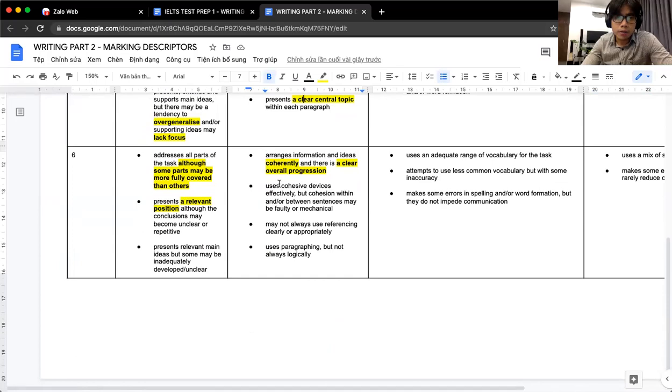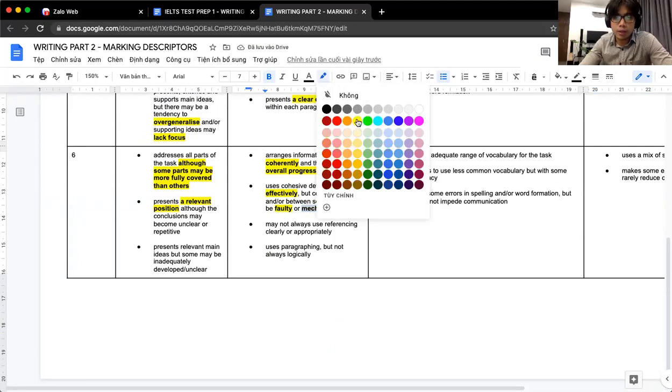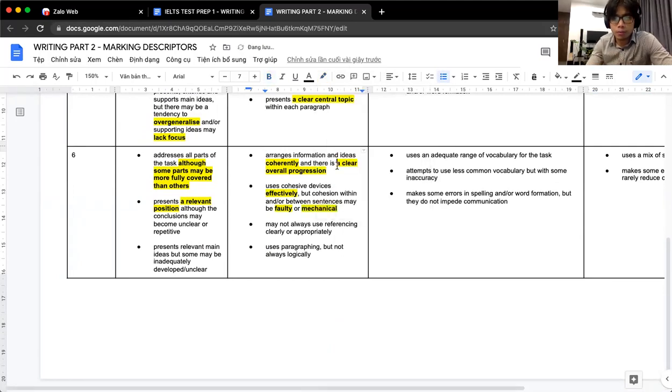At band 6, you use cohesive devices effectively, so you know how to use them, basically. However, they may be faulty. Faulty means wrong. Sometimes you use them in a wrong manner. Or sometimes you use them, but it sounds mechanical. Mechanical means you use them like a machine.